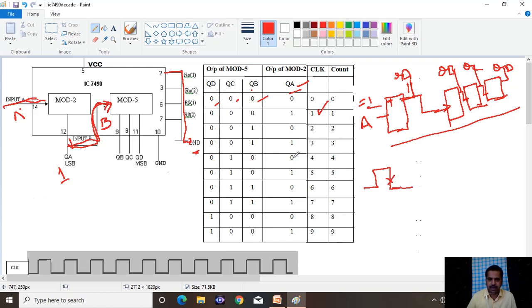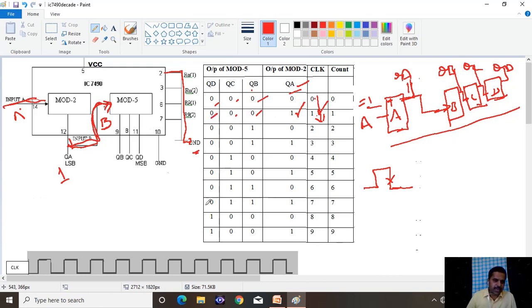When the transition is from 0 to 1, there is no change in the second flip flop, that is B, C, and D. There is no change here. So when the clock goes from 0 to 1, QA changes to 1, and there is no change in QB, QC and QD.